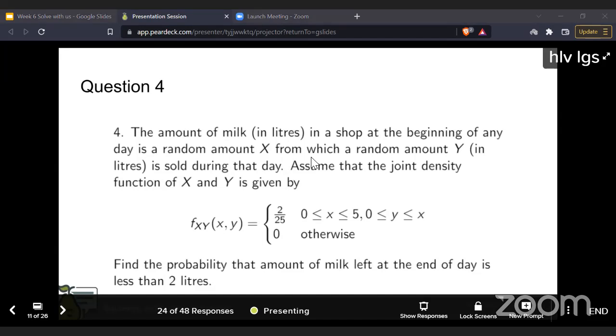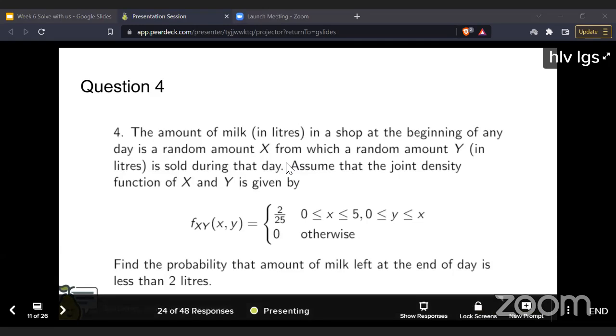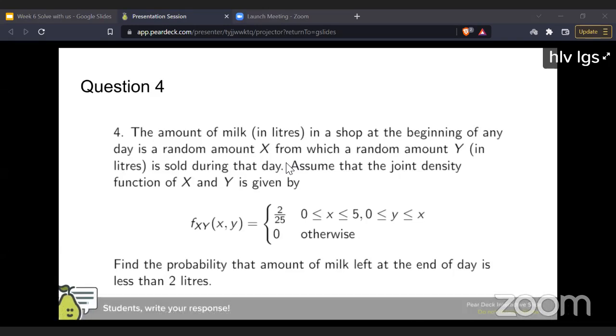It is 1 minus the probability of x minus y greater than or equal to 2. Probability of x minus y less than 2 is equal to 1 minus probability of x minus y greater than or equal to 2.